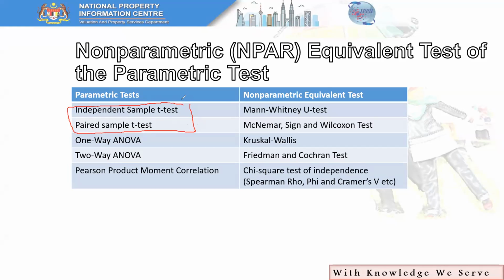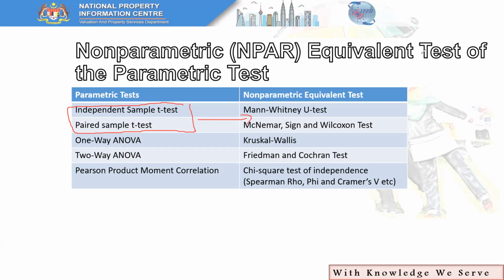Okay, if your data are not normal, then you have the option to use the Mann-Whitney test or McNemar-Sign and Wilcoxon test, for example. Okay, so then our friend just now asked, if our data are not normal, will it affect the type of statistical analysis? Yes, it will affect the type of statistical analysis. The second one, will it affect the hypothesis testing?